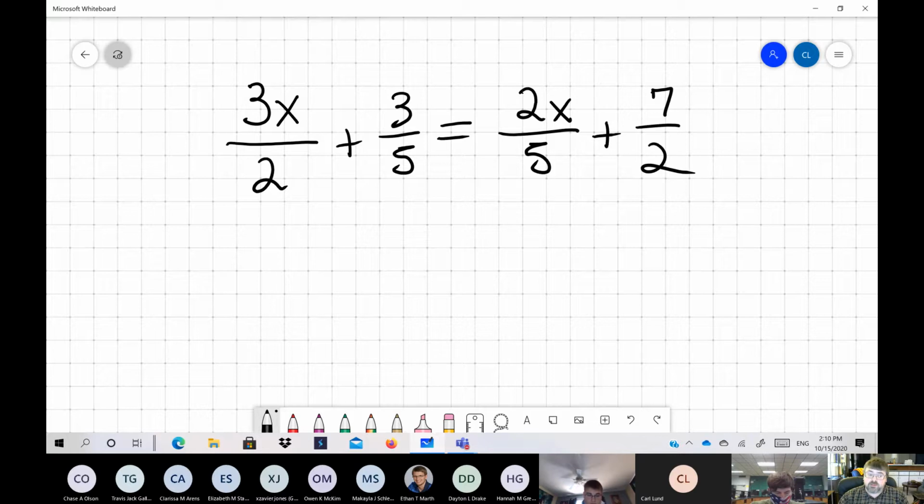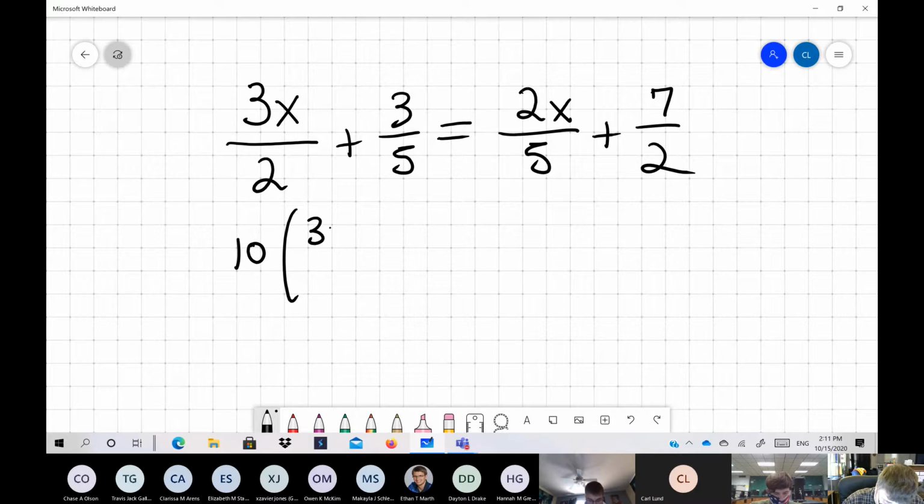What we want to do is do this in as few steps as possible, usually, to be most efficient. Now, what we could do is first multiply everything by 2 and then multiply everything by 5. That would work. But what's the best choice is to multiply everything by the lowest common denominator of 2 and 5, or the least common multiple of 2 and 5. The least common multiple of 2 and 5 is 10.